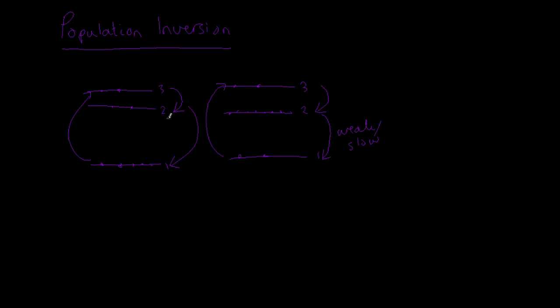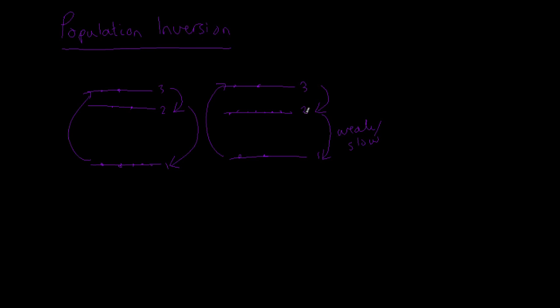For stimulated emission to happen, we need a fast de-excitation down to the first excited state and then a slow transition to reach the ground state, causing a lot of atoms to remain in the first excited state. This is when we get population inversion and the right conditions for stimulated emission.